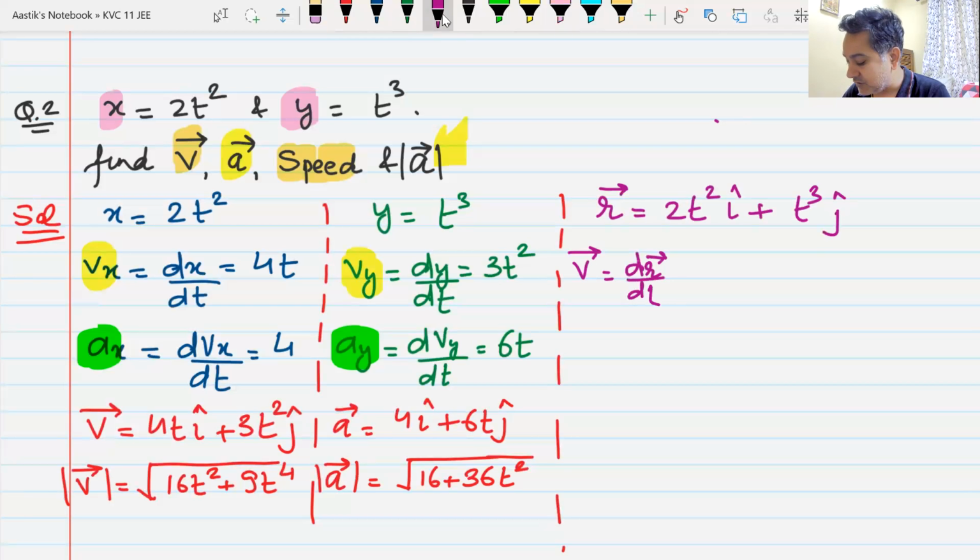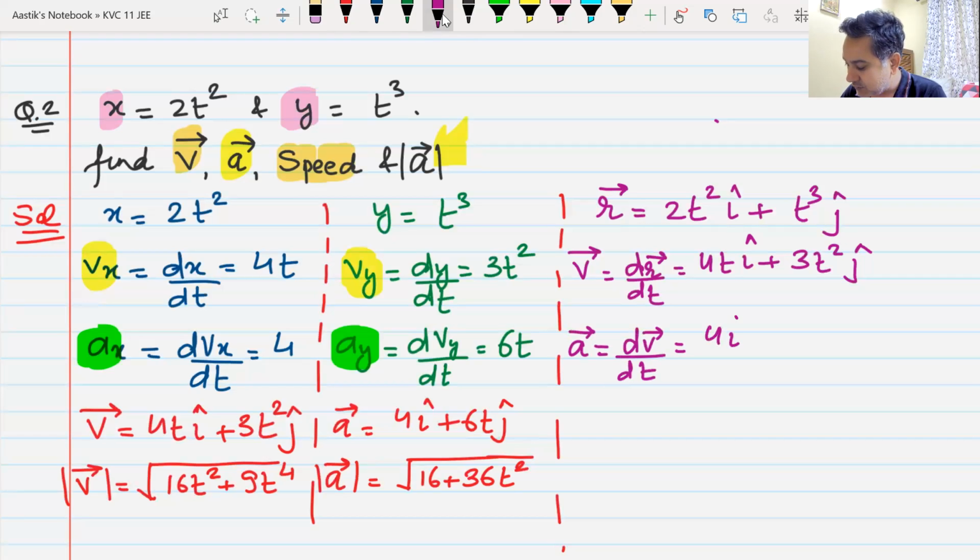If you differentiate this with time, you will get the same thing that you got there, 4t i plus 3t square j. Nothing will change, everything will remain the same. I can differentiate this once more and I will end up with my acceleration in vector form, my dear friends, 4i plus 6t j.